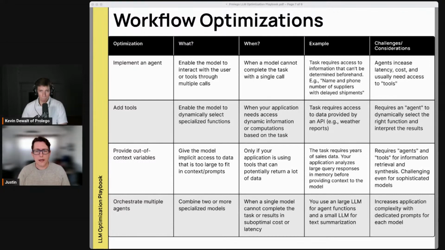So that's what we mean by agents. And this can be an optimization because a lot of RAG that we were just talking about is sort of one shot. I ask a question, it runs a query, it generates a response. Well, what if it needs to run multiple queries, do multi-hop reasoning to get an answer to your question? That's where agency and the use of tools can pay off.